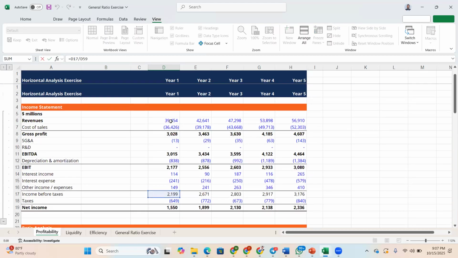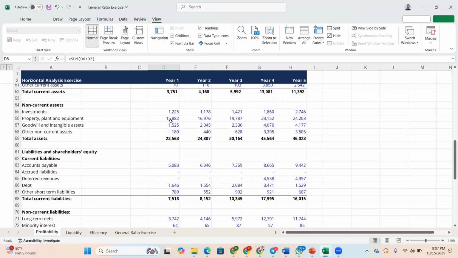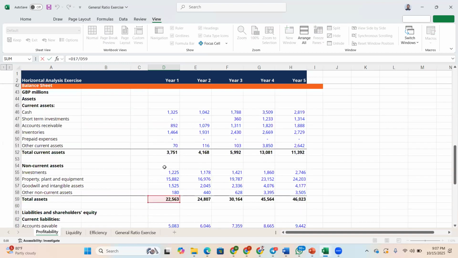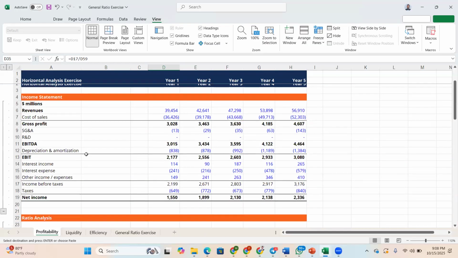2199 divided by total assets. Yes, total asset is 22563. That's correct. So let's copy this by using Control R. Seventeen and 59.